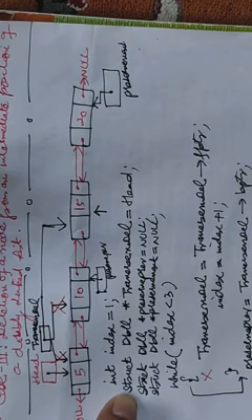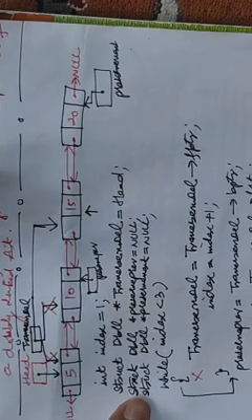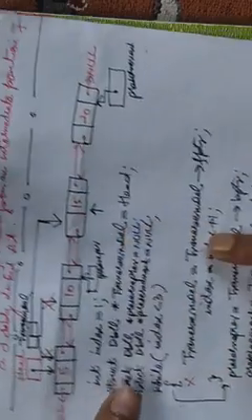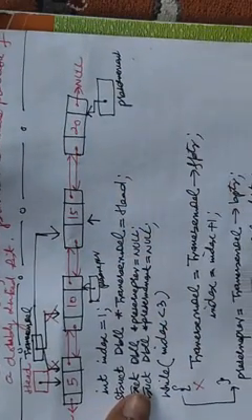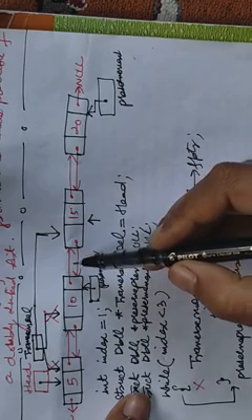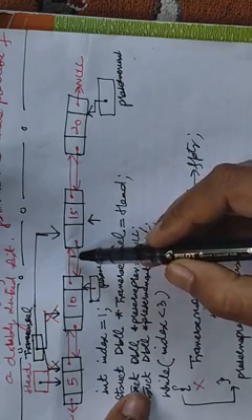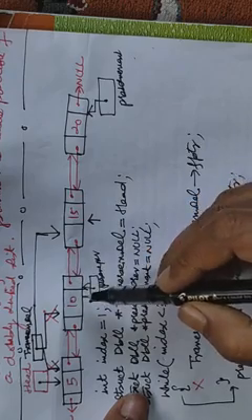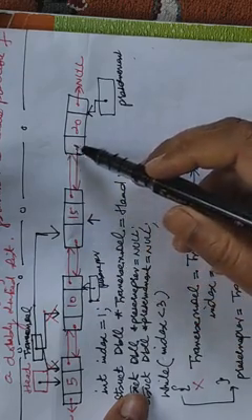Now we can restructure the links. So we have to make the forward link pointer of this node point to this node.